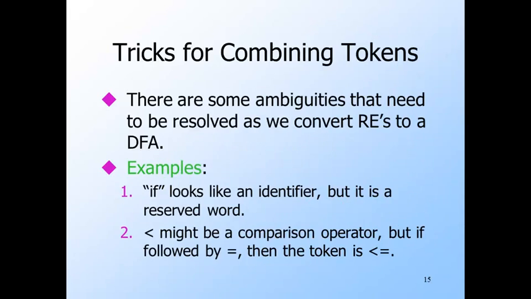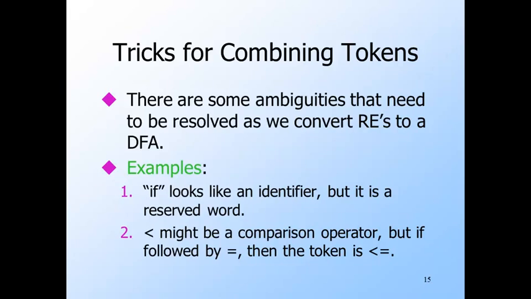When building a lexical analyzer using regular expressions for the tokens, there is some resolution of ambiguities that need to be faced. Two examples are illustrated here. For one, reserved words like if also match the expression for identifiers, but if is not a legal identifier, so we have to make sure the lexical analyzer does the right thing on if.